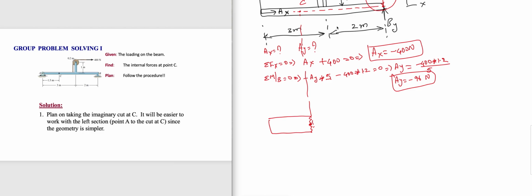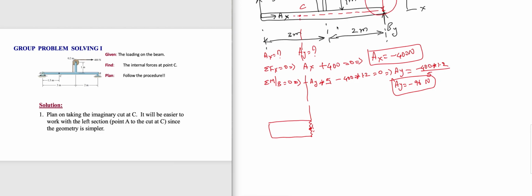So this one, I'm making a cut. So at C, you have normal at C, you have shear force at C, you have moment at C. Then at AX, how much is AX? Negative 400. How much is AY?